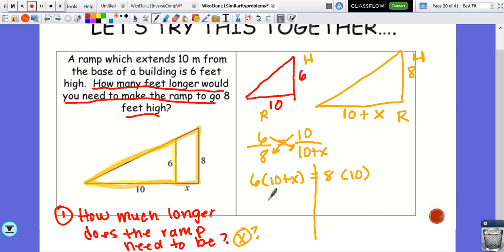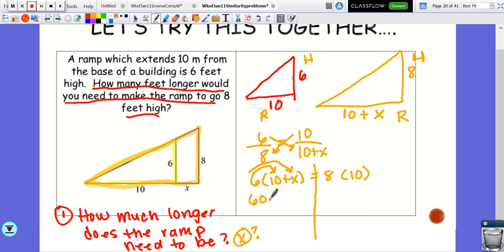Since my variable is on the left side, I'm good, and my constant is on the right side, I'm going to go ahead and start. So I need to use the distributive property. If you are one of those people that forget the distributive property, remember that the number has to be multiplied by both terms inside the parentheses. Draw the arrows.